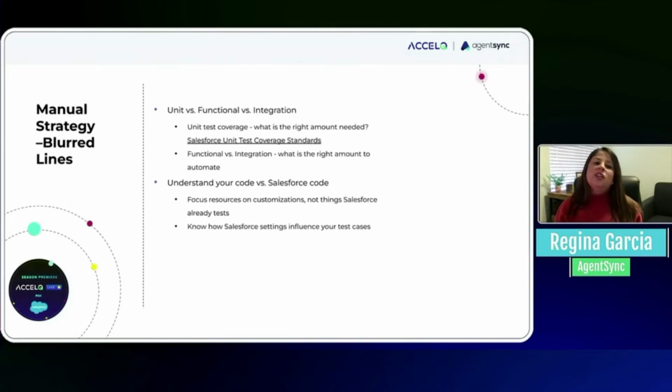What does AgentSync code touch? Where is AgentSync integrated? And make sure that those areas are tested. We're not going to spend time reinventing the wheel. We know that Salesforce has their testers, so we're going to let them do their job and we're going to focus on doing our job. And that's going to include how we write our automation tests and how we continue to manually test in the future.